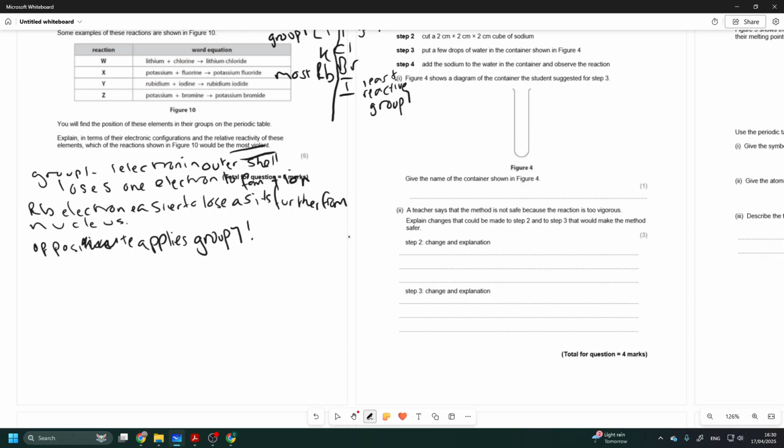So I would say that potassium and fluorine are most violent. That's the word it tells us to use. These two are the most violent due to potassium being in the middle of group 1.